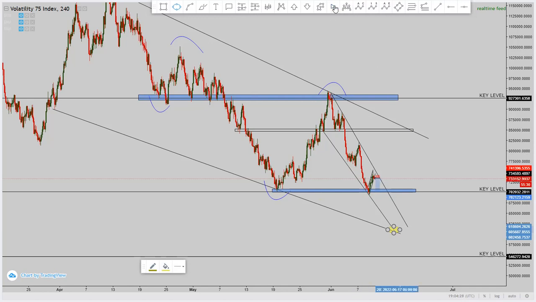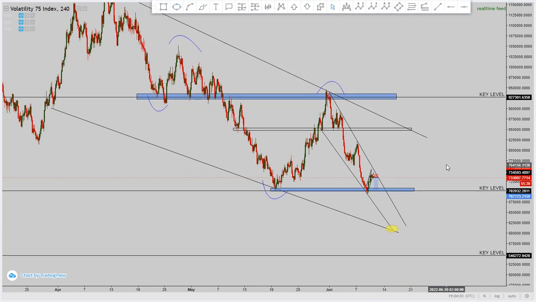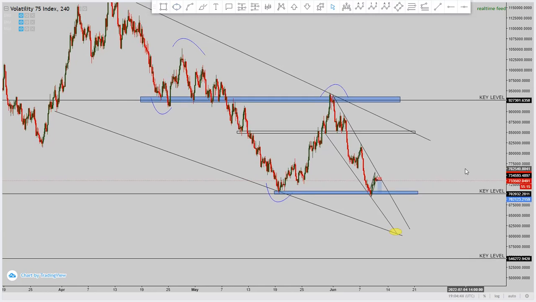So those are the possible best entries for the buys. As for the sells, once we break the key level, it's a good selling opportunity. Or we come back to this top trend line and get a rejection, it's also a good selling opportunity as well. So for VIX, that is what we are currently looking at.